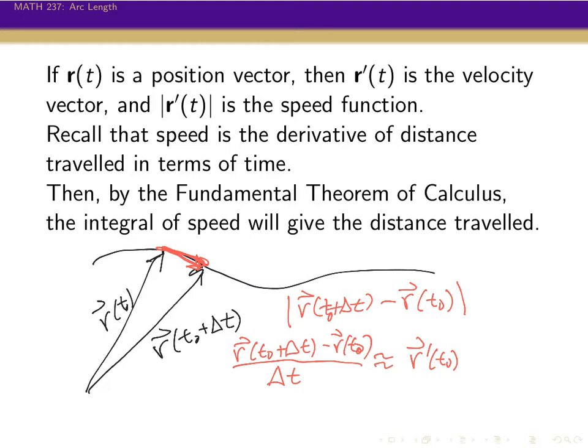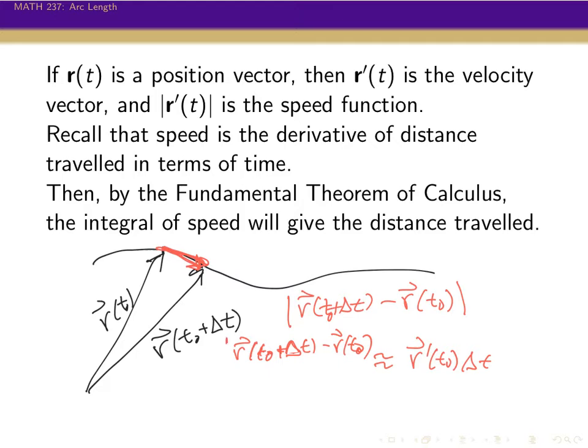Multiplying both sides of this approximation by delta t, r of t naught plus delta t minus r of t naught is about equal to the velocity vector at t naught times delta t.